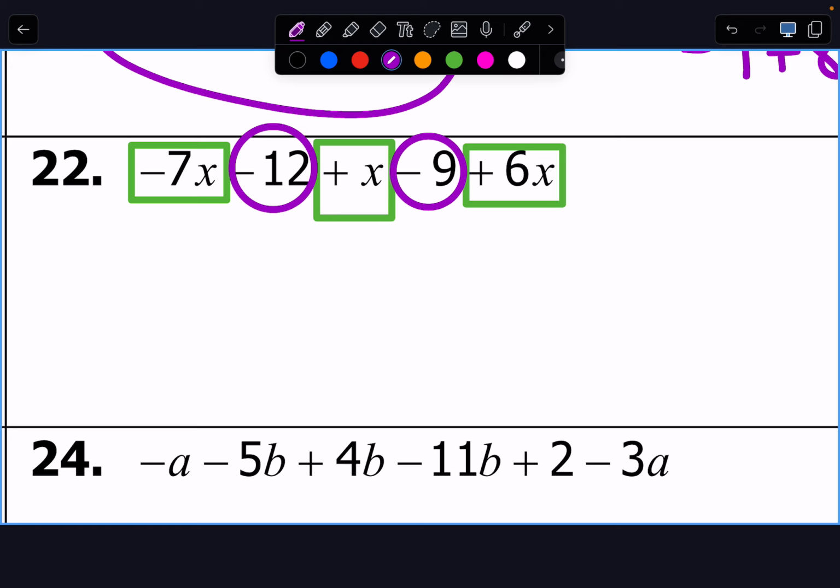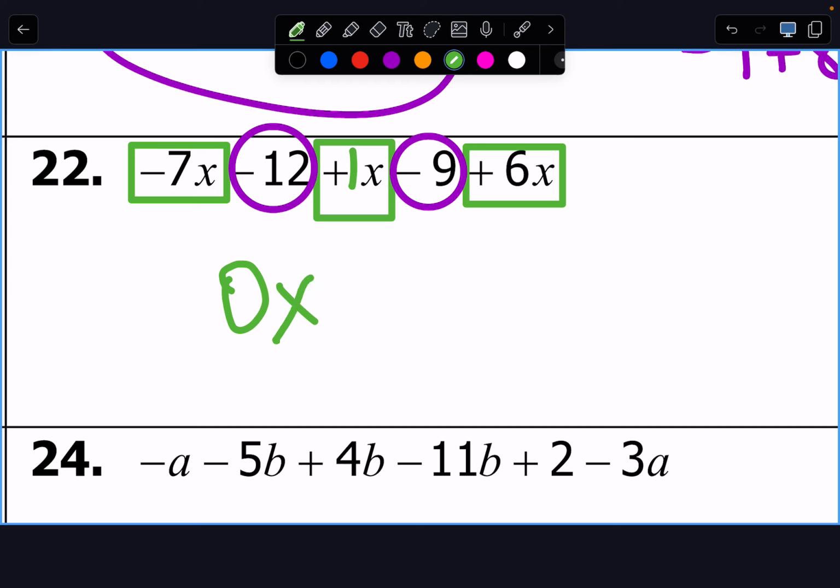Okay. When we combine like terms, what did you get for a coefficient for x? Ooh. What? This middle one right here, what's its coefficient? This has a coefficient of 1. So if we have negative 7 plus 1 plus 6, what is that? That's 0x. That's an addition sign.